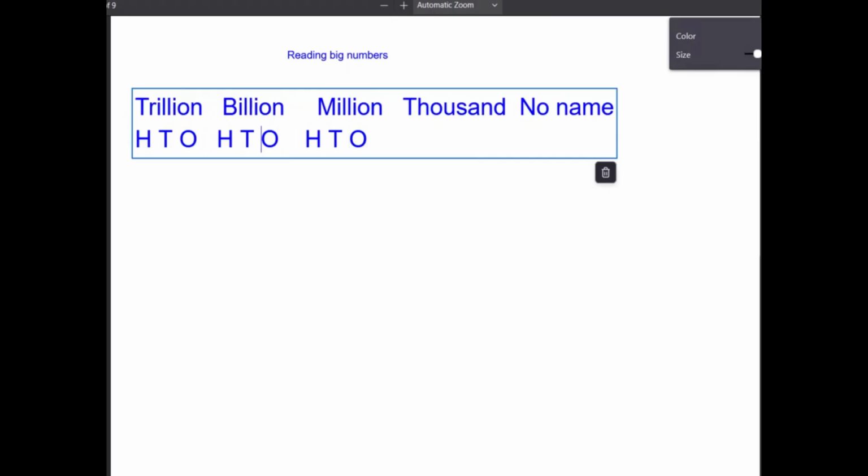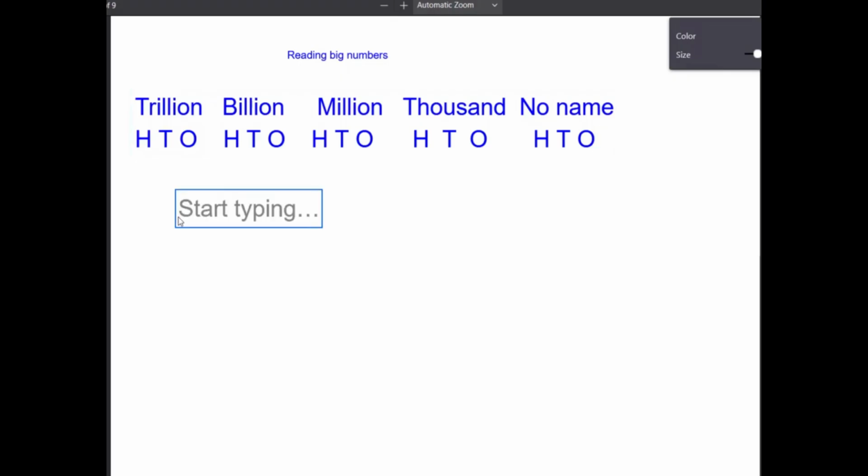And all the groups contain hundreds, tens, and ones. So if you see 1, 2, 3, 4, 5, those are 5 groups, so you can write numbers up to 15 digits.